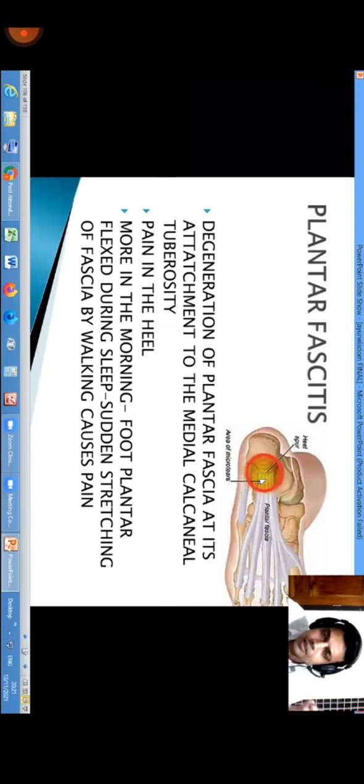Internally we can take Kshirabala Taila or Gandha Taila. Kshirabala is more useful. We can take 10 drops BD, and along with that we can start Agni Karma weekly. After 2 days of Upanaha Sweda, we can start Agni Karma. After reducing the inflammation, we can start Agni Karma and medicines internally like Kshirabala and Gandha Taila.